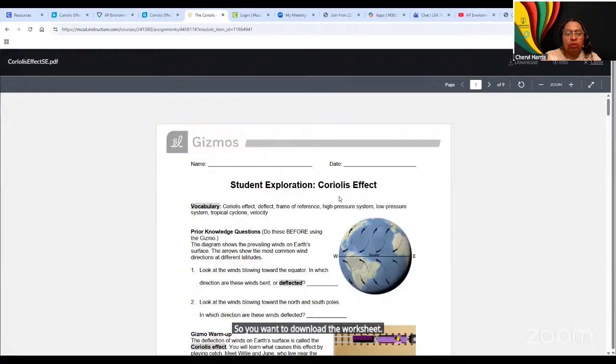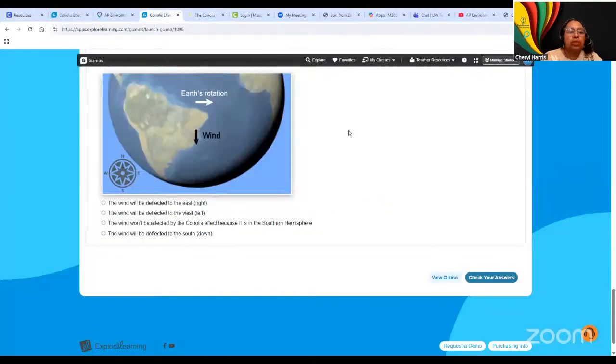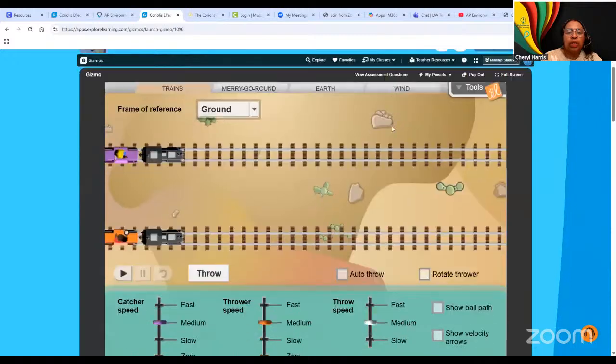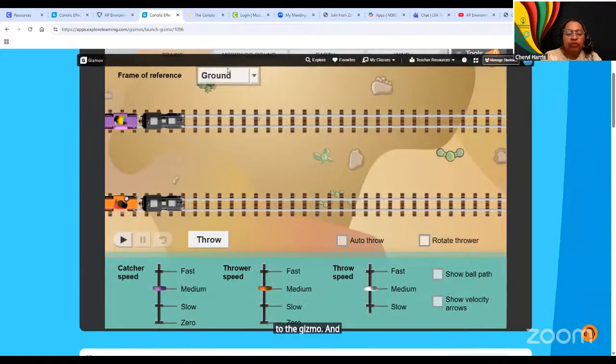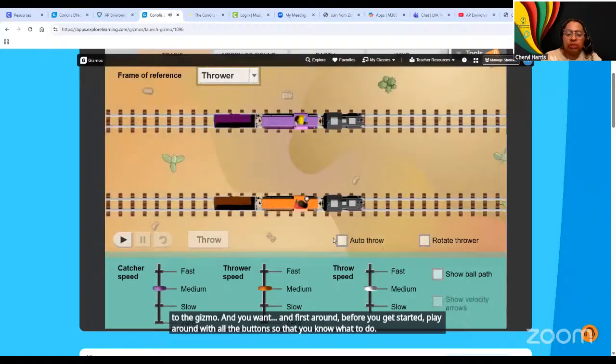You want to go to the gizmo, and first, before you get started, play around with all the buttons so that you know what to do, what's available, what's not available.